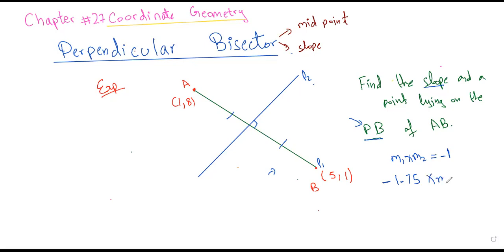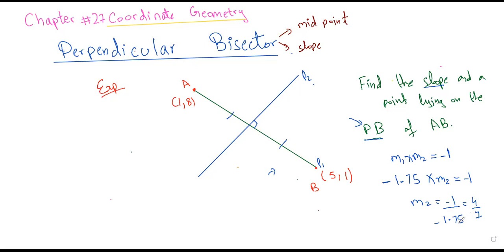Multiplied by M2, we don't know. We need to find that, and we can easily find it. So M2 is going to be -1 divided by -1.75, and that is going to be 4 by 7 basically. Saneem said that the answer is -7 by 4.